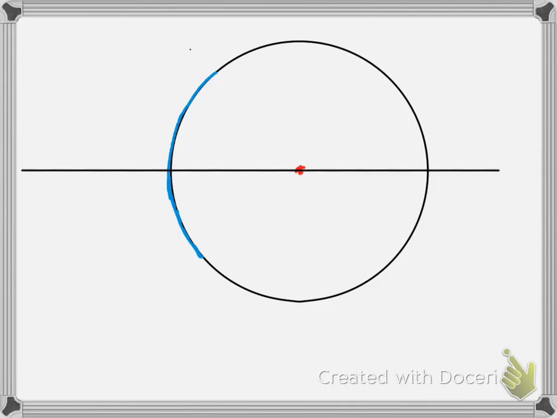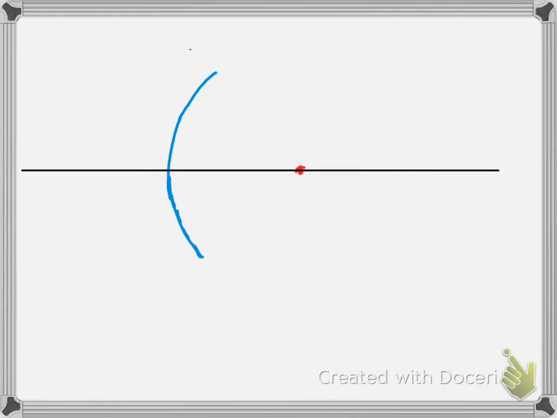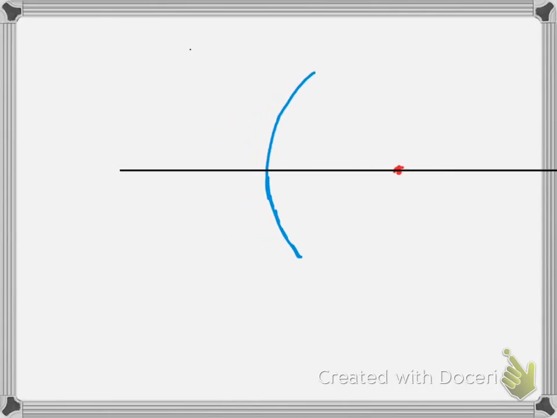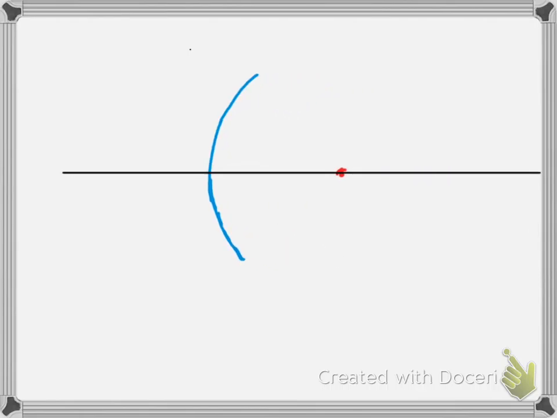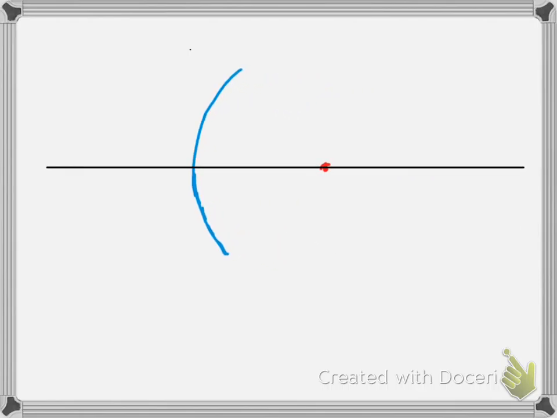Then I erase the circle, and I have a mirror. It's not perfect, but it's better than freehanding it, and it means your radius is actually correct.